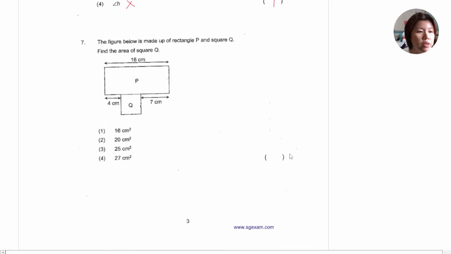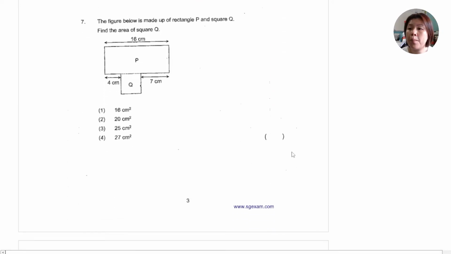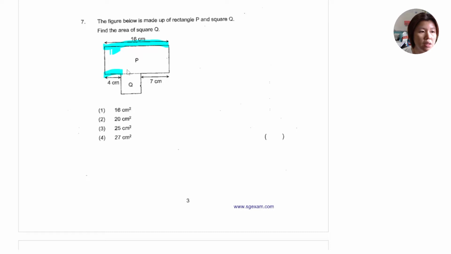Okay, let's move on. Area and perimeter now. Okay. So the figure is made up of a rectangle and a square. Length of the rectangle is given. So I can actually find, if you look here, this is 16, which means here, here, and here is 16 as well.